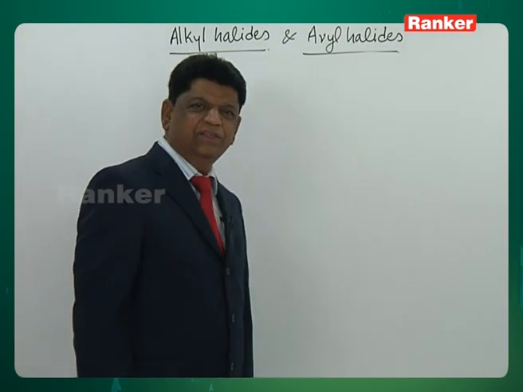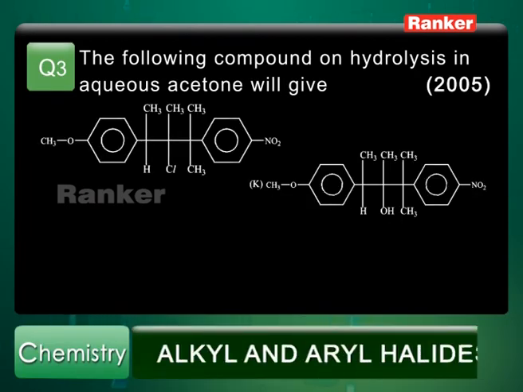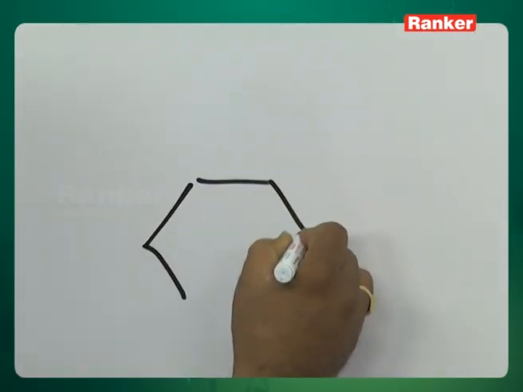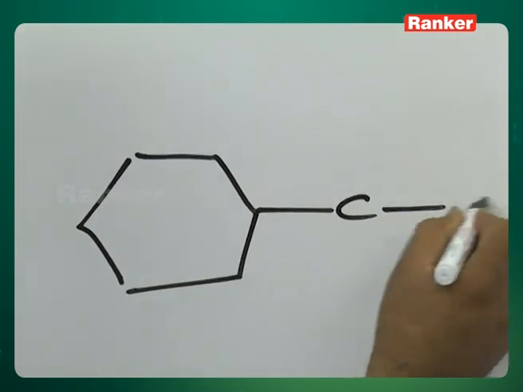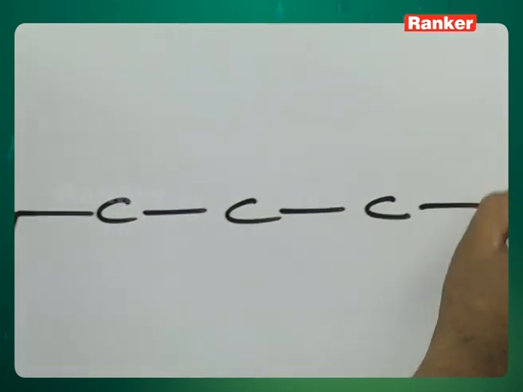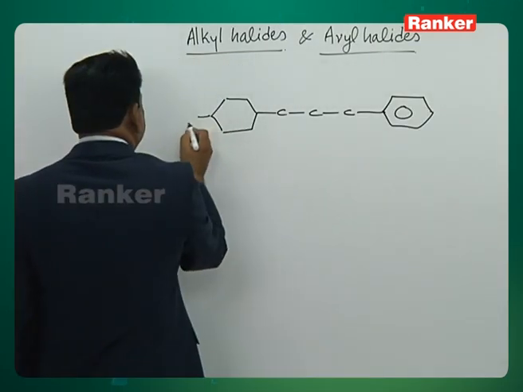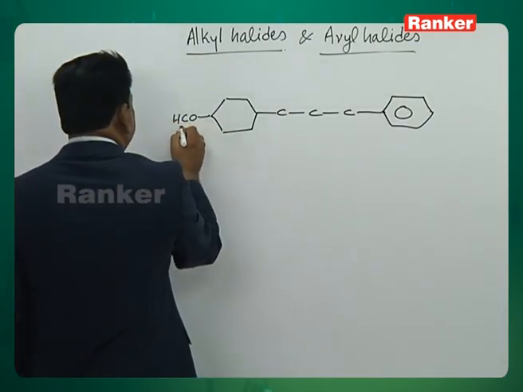Let us go to question number 3. The following compound on hydrolysis in aqueous acetone will give, and 3 different answers are given. In this compound, there are 2 different phenyl rings attached through 3 carbons. One of the phenyl rings has an activating OCH3 group.